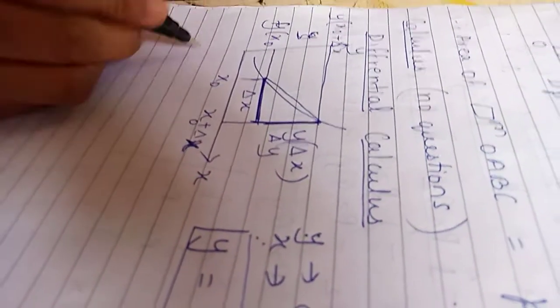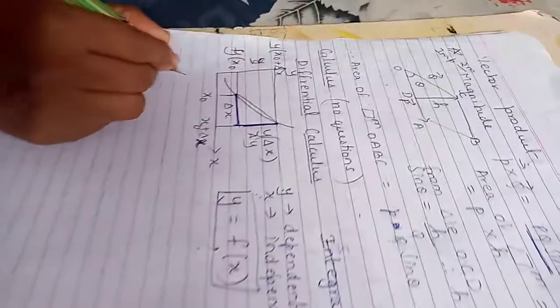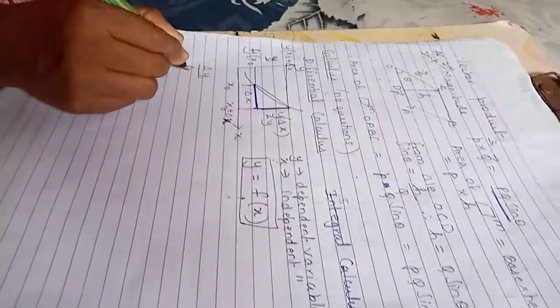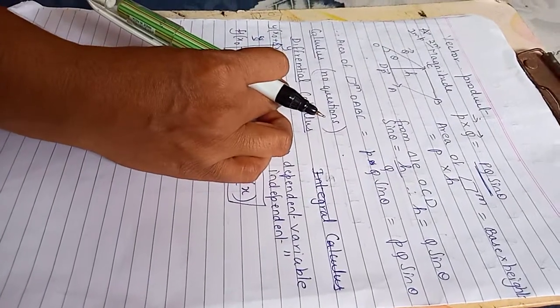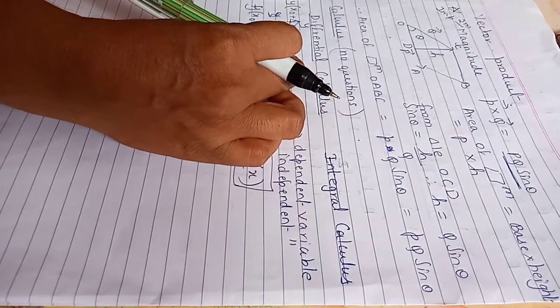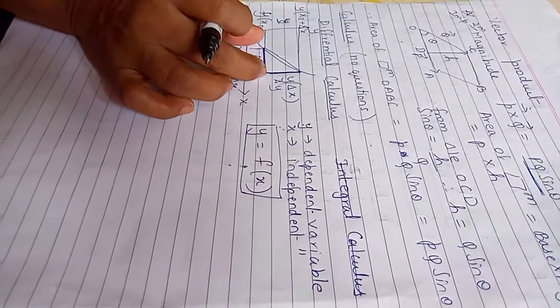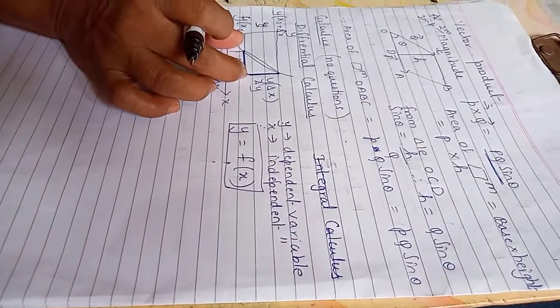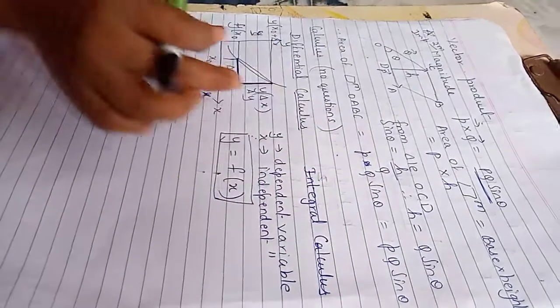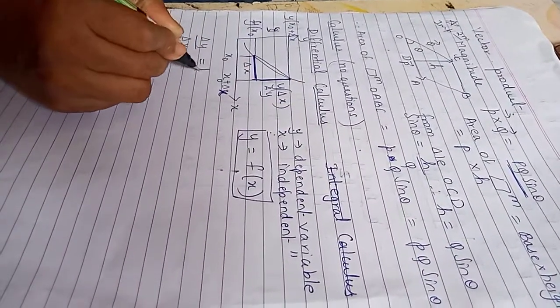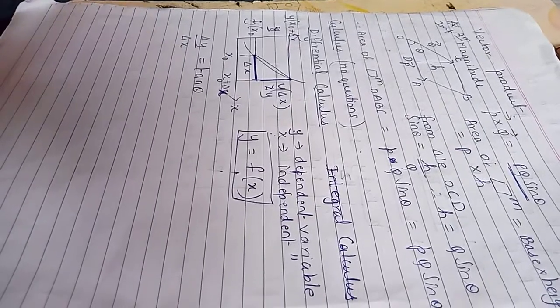Are you okay? Now, if you take delta y divided by delta x, you get the change in y coordinates divided by the change in x coordinates. Change in opposite side divided by change in adjacent side is tan theta here.